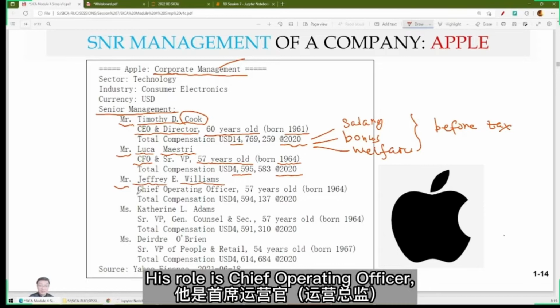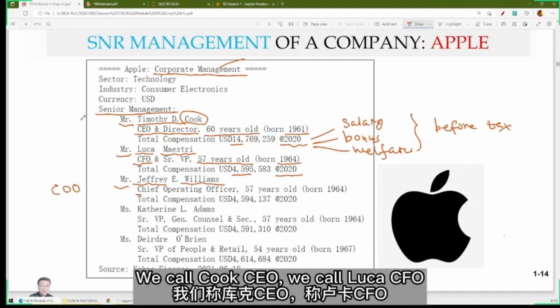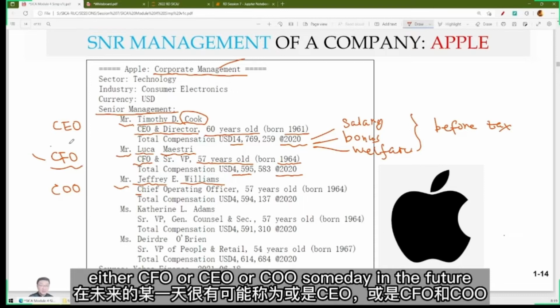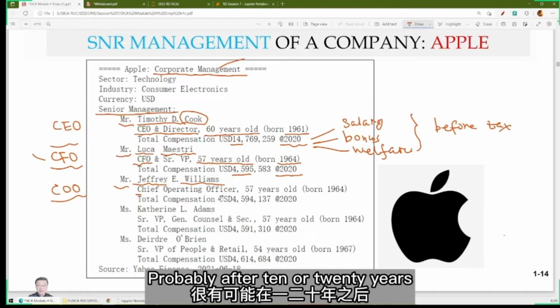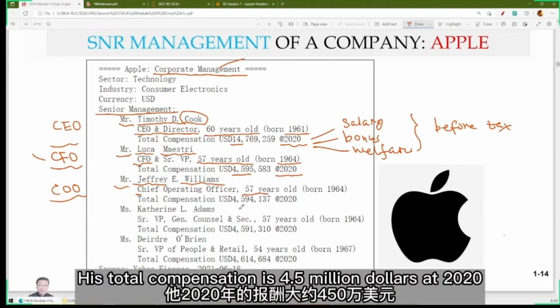His role is Chief Operating Officer. We call this COO, right? We call Cook CEO, we call Luca CFO. Probably, I believe some of you may become either CFO or CEO or COO someday in the future, probably after 10 or 20 years. His role is COO and now 57 years old. His total compensation is $4.5 million in 2020.